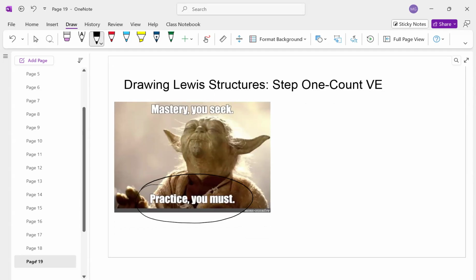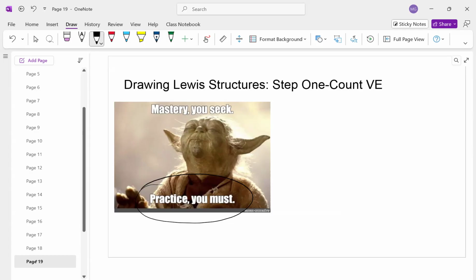There are multiple resources out there that will give you tons of practice. The textbook has problems. I'm going to post resources up on Canvas. I'll say this again at the very end. You can always practice drawing your polyatomic ions. Draw the Lewis structures for those. There are tons of ways to practice this, and that's the only way you are going to master this.